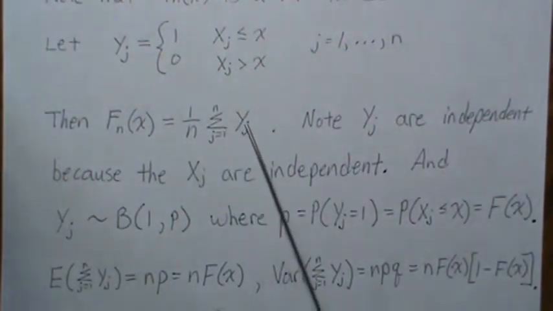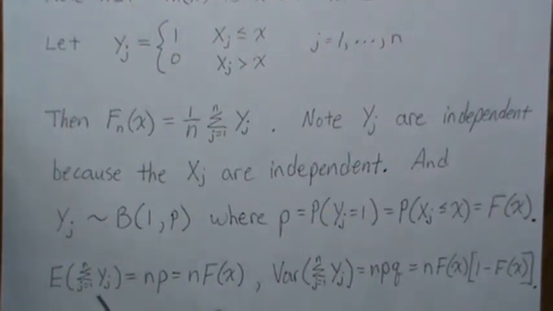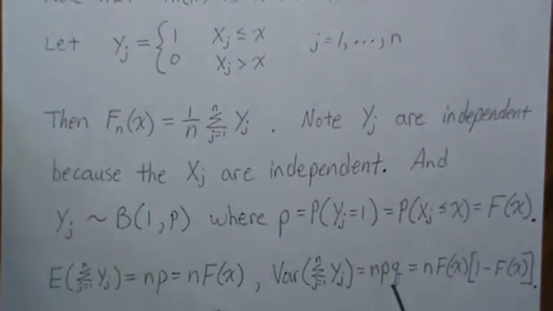So now let's look at the expected value of the sum of these y_j's, which we're starting to get into this piece right here. The sum of Bernoullis is binomial. The expected value of a binomial is np, so it's n times capital F, the population CDF. The variance of a binomial is npq, which then becomes this.